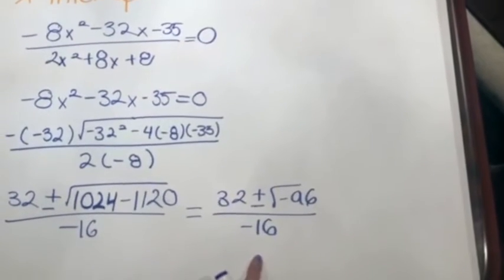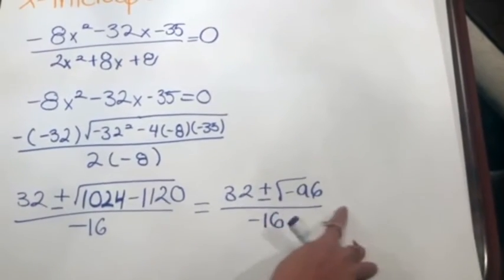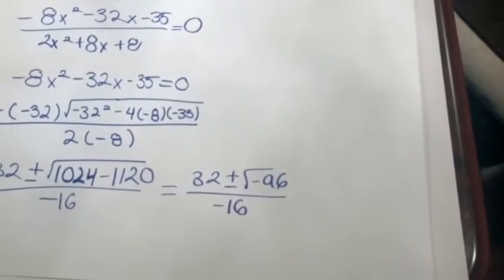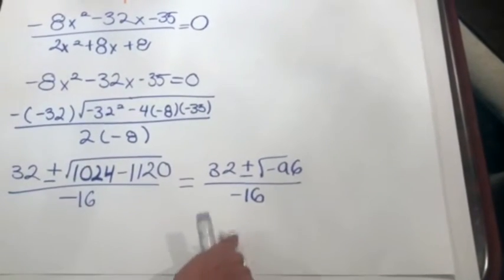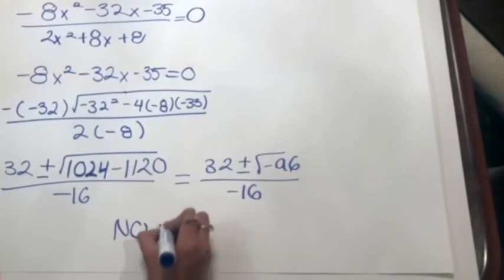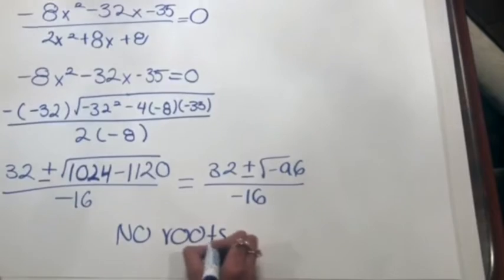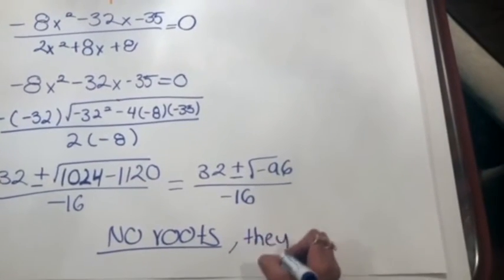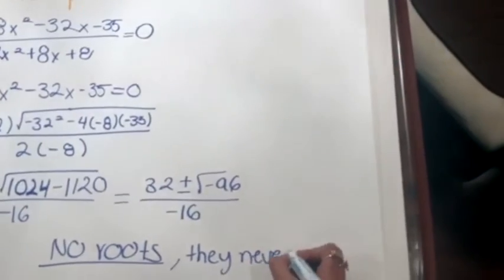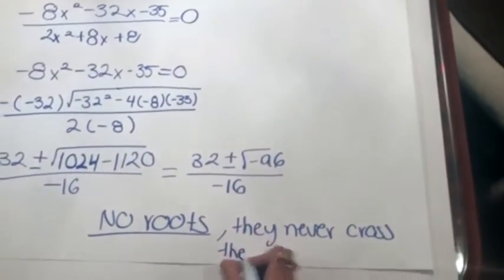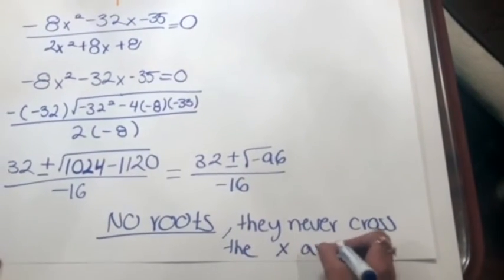As we may see here, we have a negative root. That means that it's an imaginary number, and if it's an imaginary number, it means that we have no roots because they never cross the x-axis.